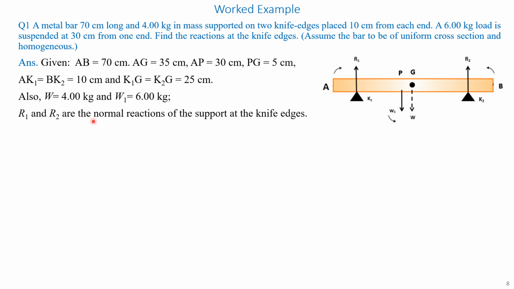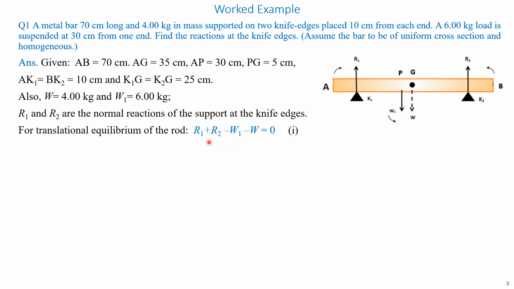R1 and R2 are normal reactions of the supports at the knife edges. The normal reaction at K1 is R1 and the normal reaction at K2 is R2. For translational equilibrium, we write the sum of forces equal to 0.